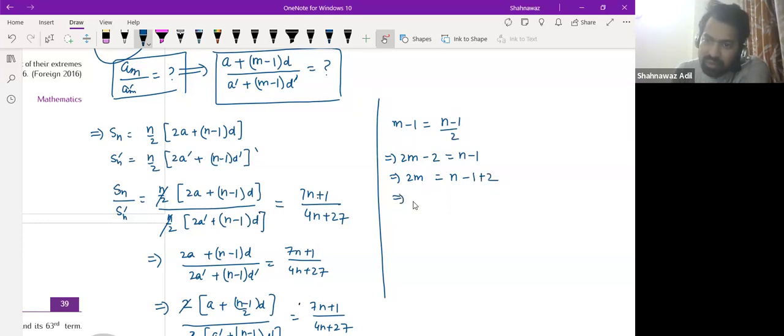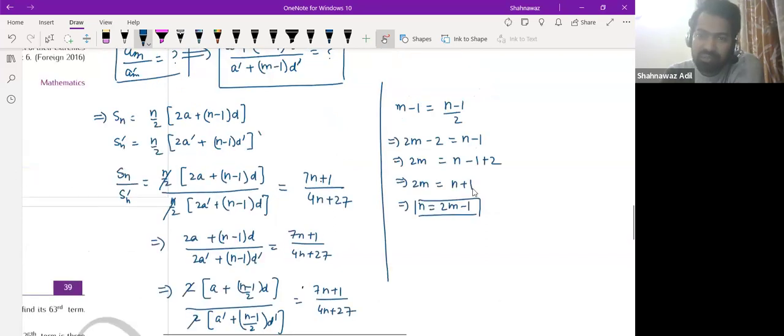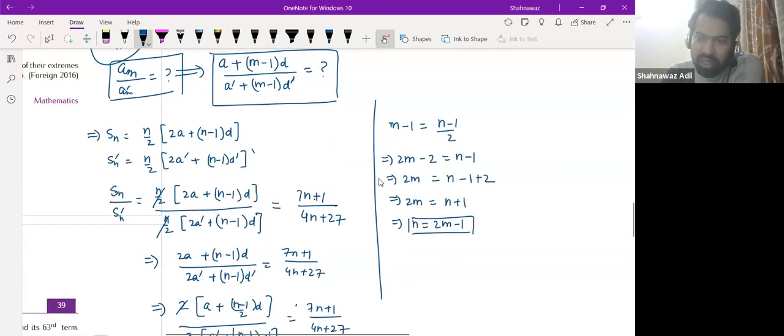So this is 2m equals n plus 1. So what would be your n? This is 2m minus 1. So in place of n, you have to write 2m minus 1, and that will give you your answer. So in place of n, you put n equal to 2m minus 1.